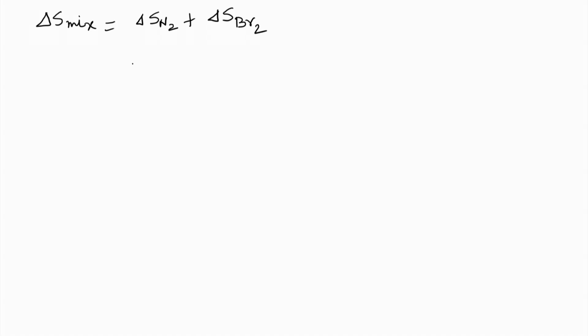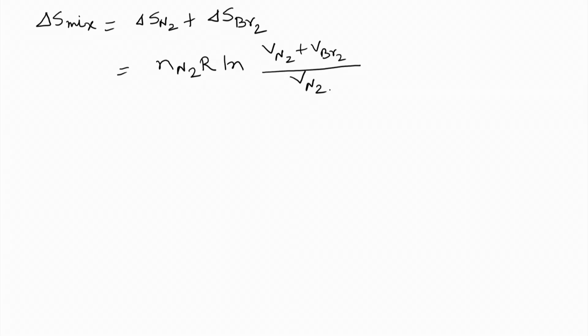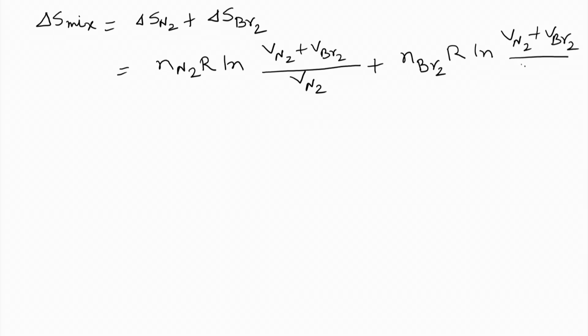So, we can write this one as N N2 R ln (V N2 plus V Br2) by V N2 plus N Br2 R ln (V N2 plus V Br2) by V Br2, right.